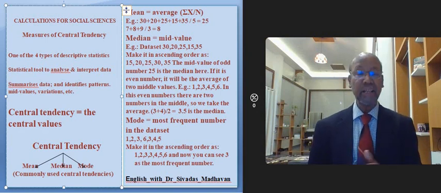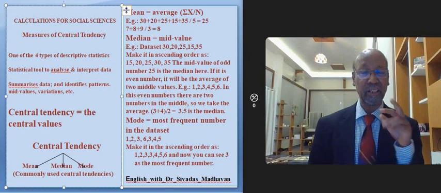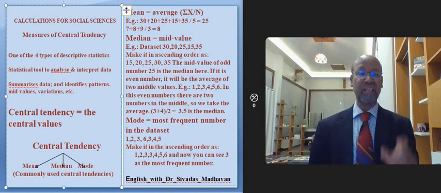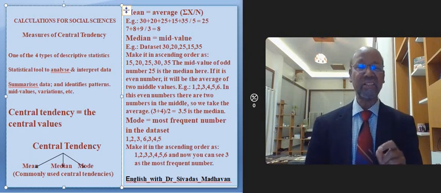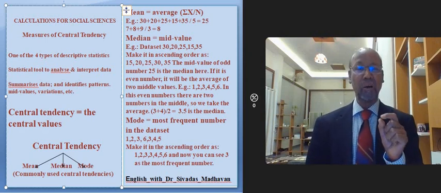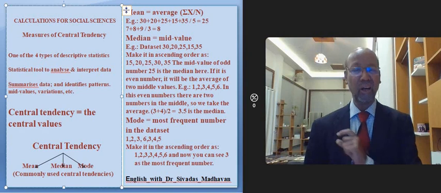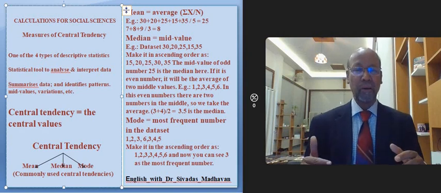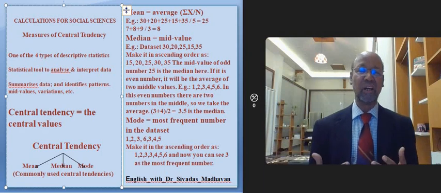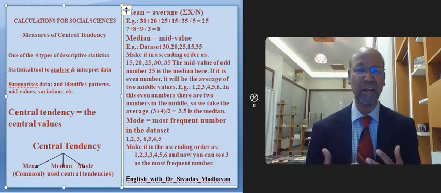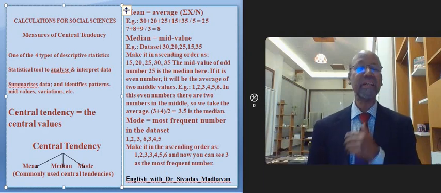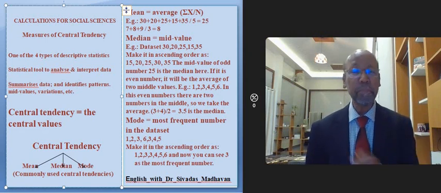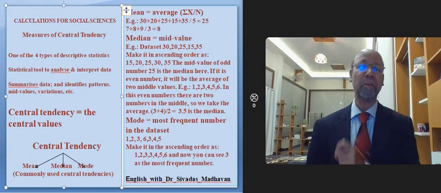So in this case, there are 2 3s, and we can see, yes, 3 is the mode, the maximum number of times a number occurs. So the most frequently repeated number will be the mode.